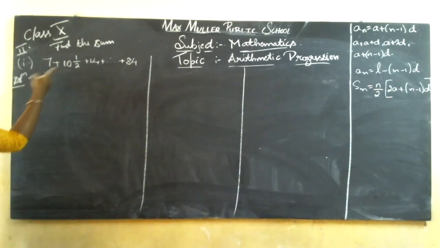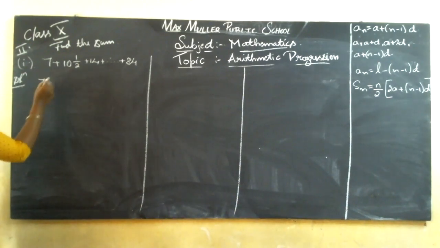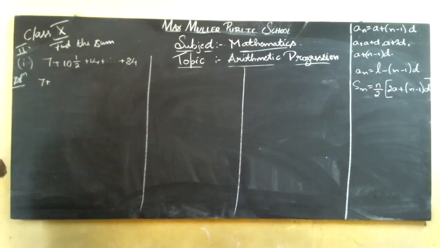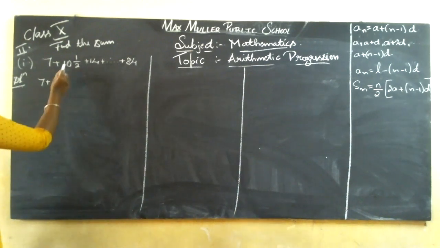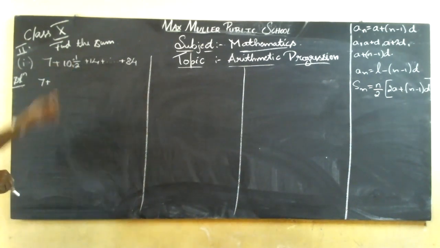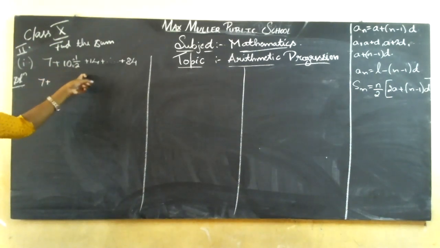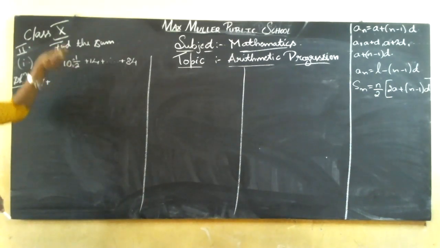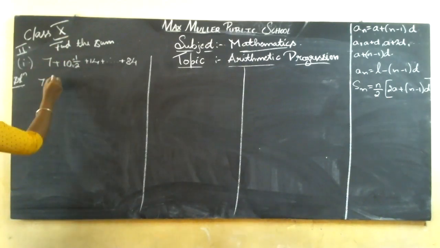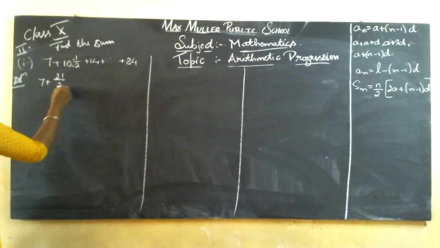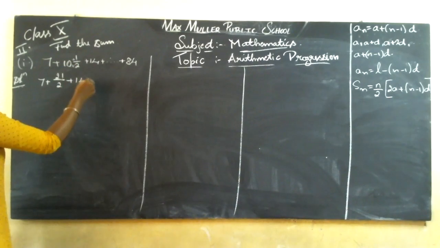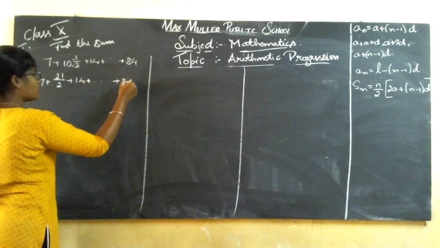Okay. Now let me make this mixed fraction a proper fraction. How are you going to make it a proper fraction? You multiply with the denominator and add the numerator to the answer. So 10 2s are 20, 20 plus 1 is 21 divided by 2, plus 14 plus, it goes on up to 84.